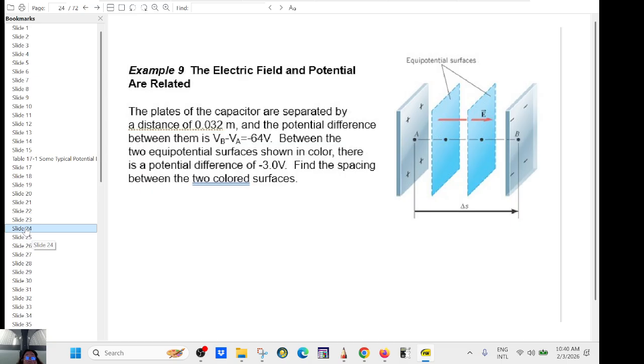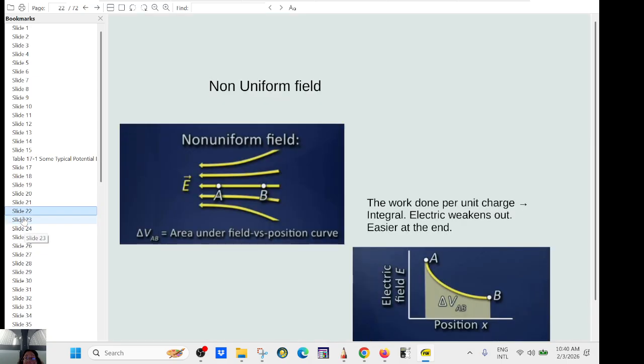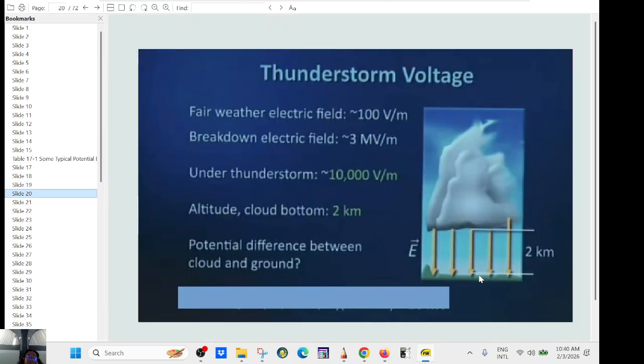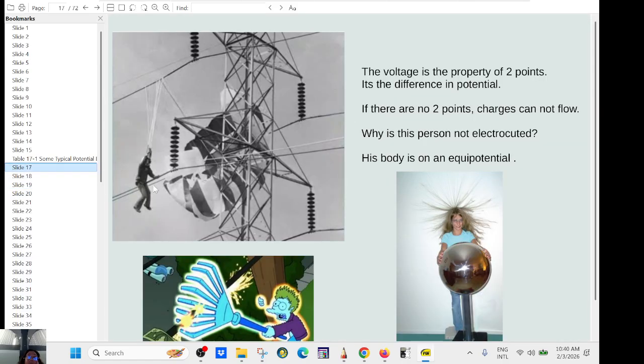So if I go back to the Van Graaff generator, here they have the same potential. So the girl and the Van Graaff, it's an equipotential. And the guy is going to be an equipotential also.